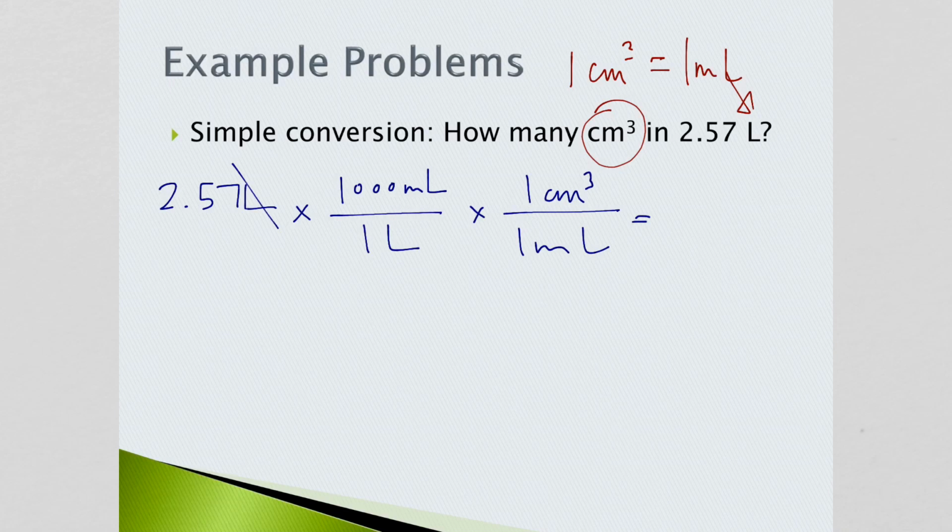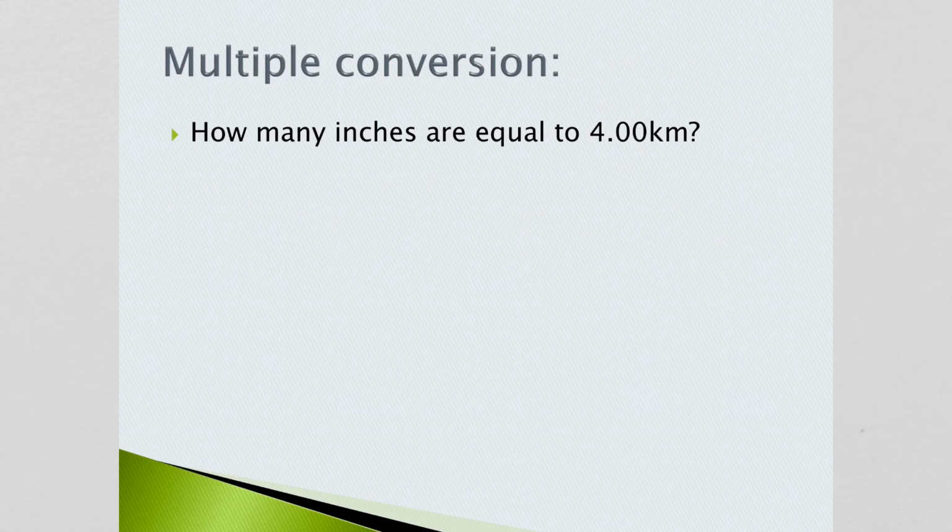Yes, because otherwise you cannot show your true unit analysis. And this final answer will come out to 2,570 centimeters cubed. Significant figures. This value contains 3 significant figures, so does this. This 0 is a trailing 0 where no decimal point is present, which means, by definition, it is not a significant 0.